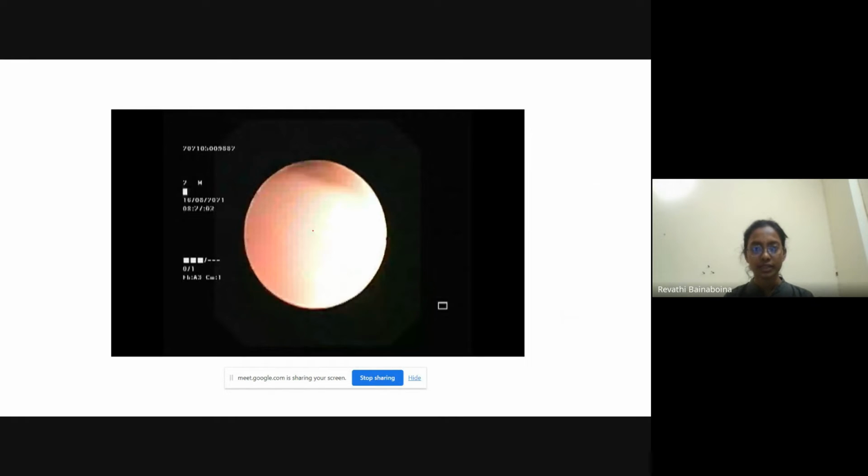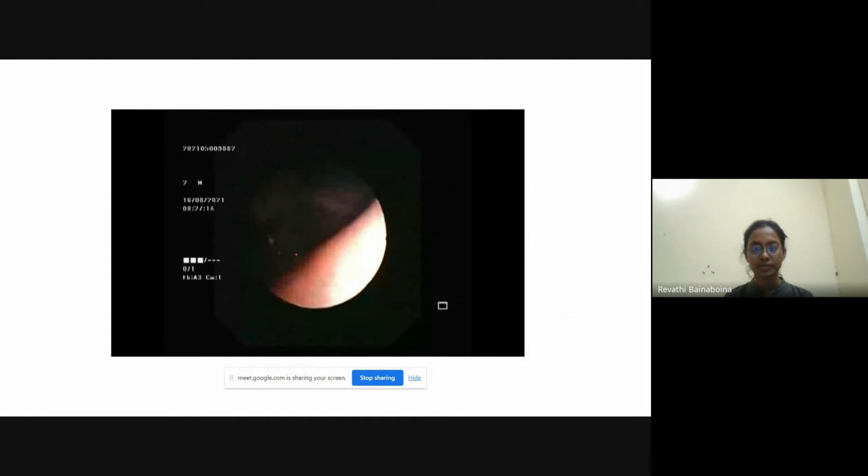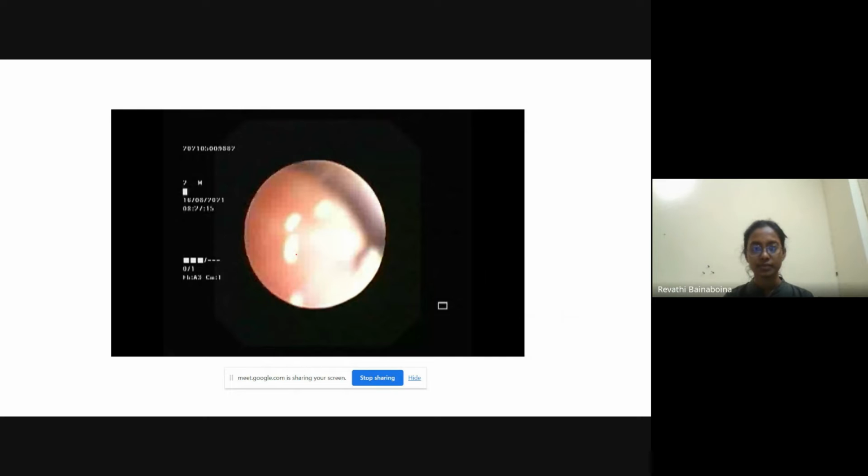Here we can see there is a defect in the posterior laryngeal wall. This one. This is clear now.